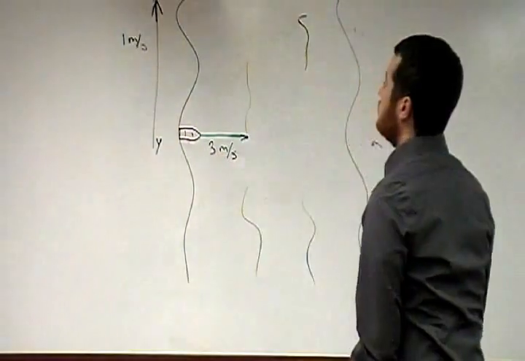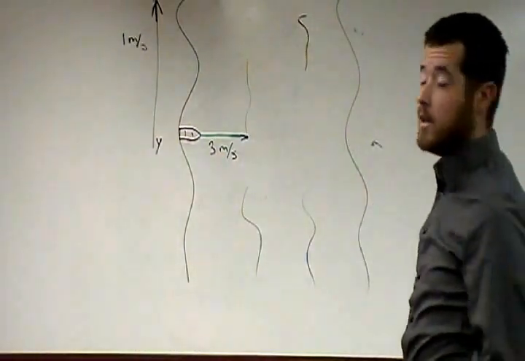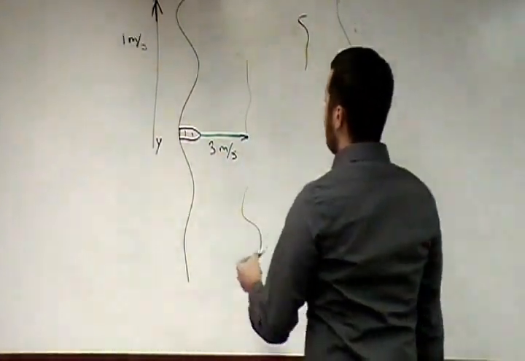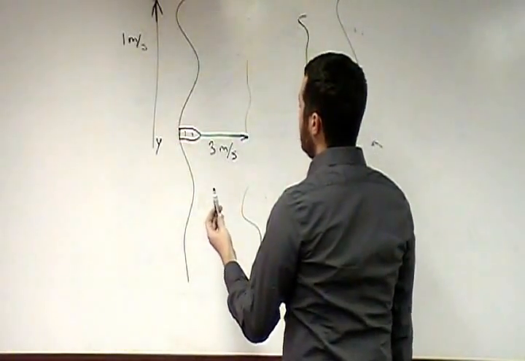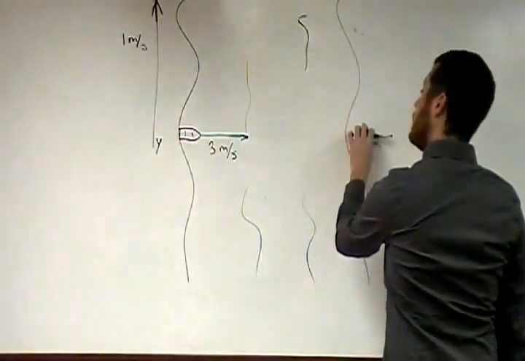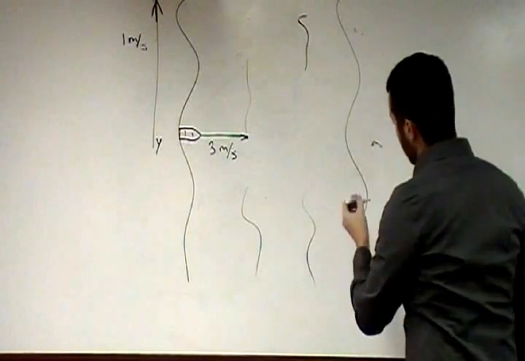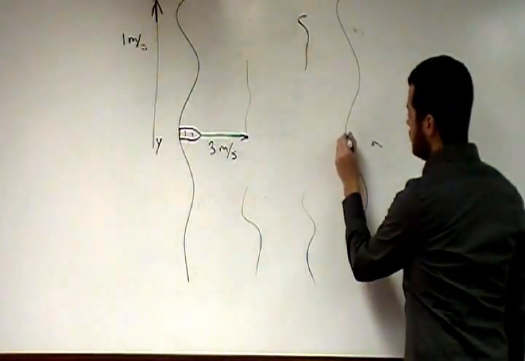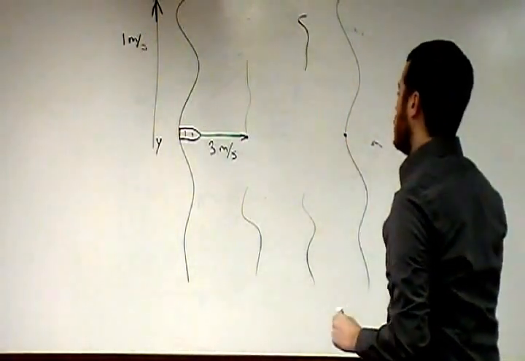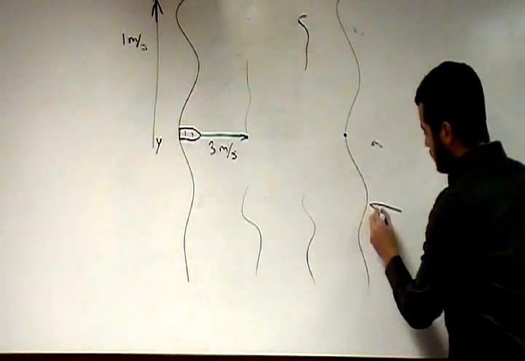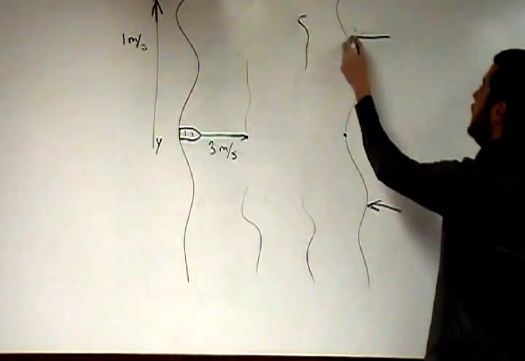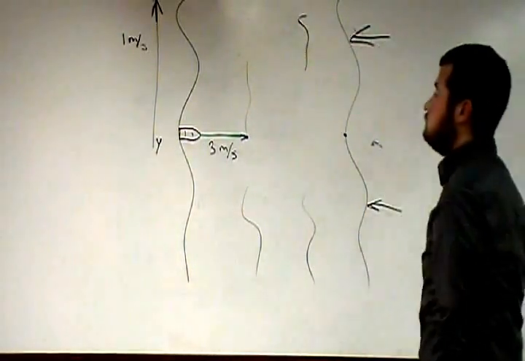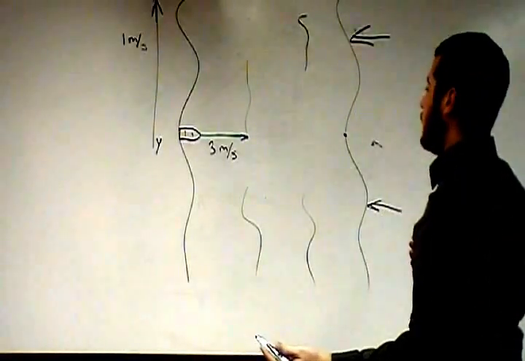It's a power boat. You're not having to row. Should be pretty easy. What we need to determine is where will this boat end up over here? Will it end up directly across? Will it end up down here? Will it end up here? I don't know.